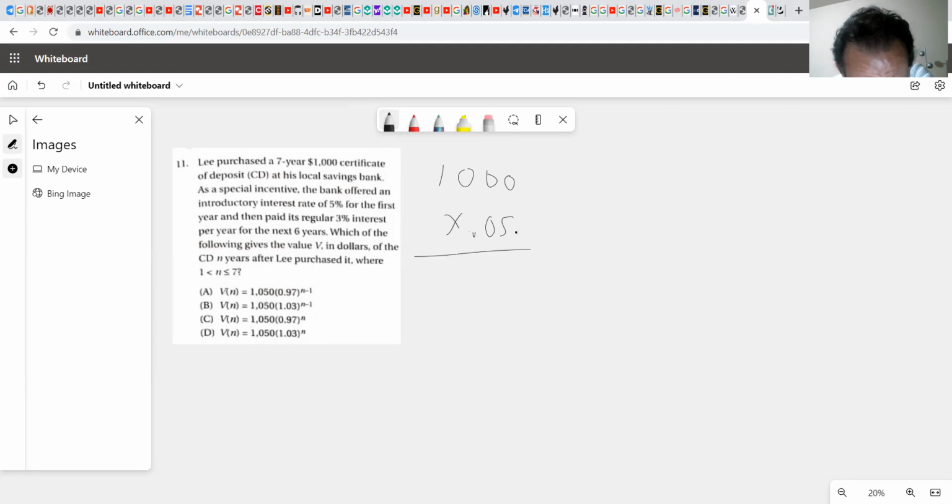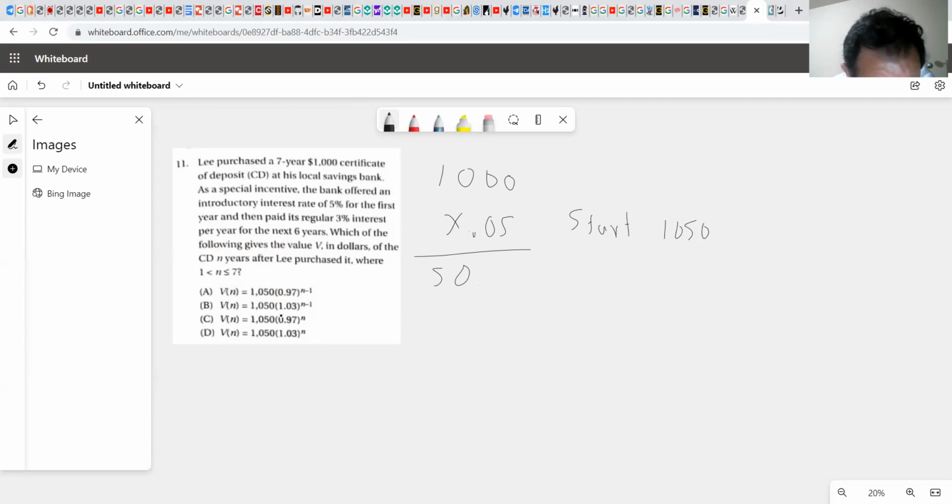So you're going to wind up getting $50. So after that first year, you get that 5% interest. That gives you $50 added to the $1,000. So you're basically starting with 1,050.